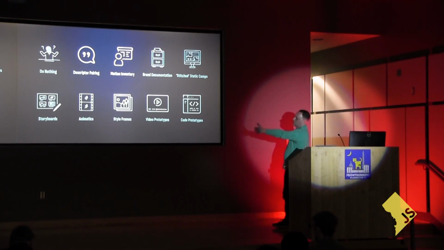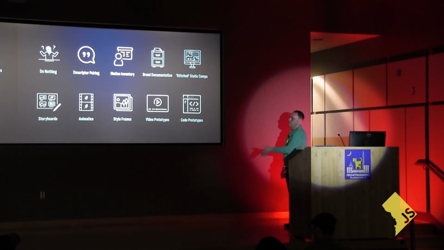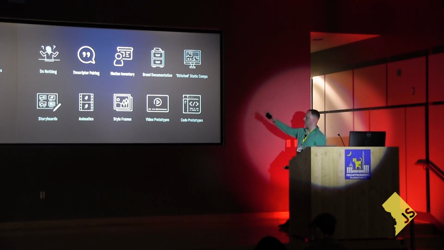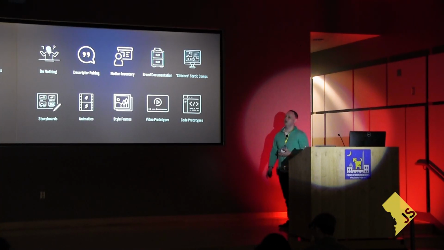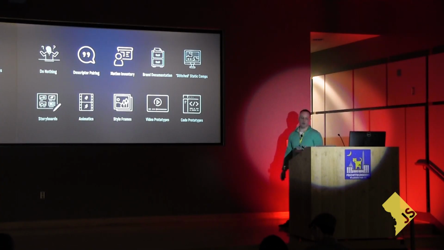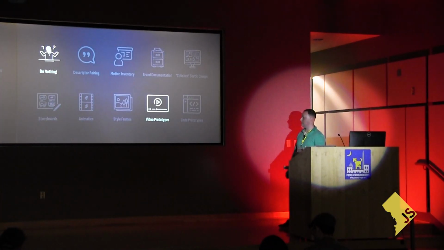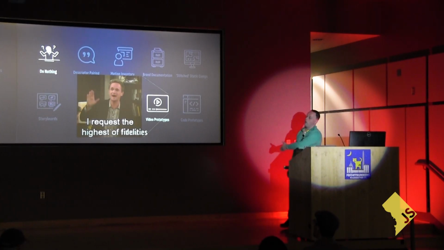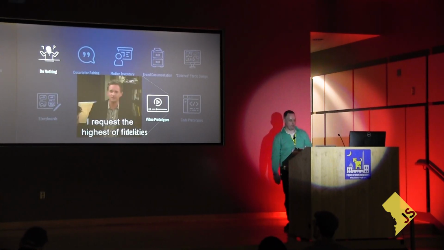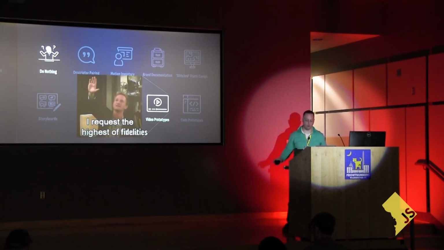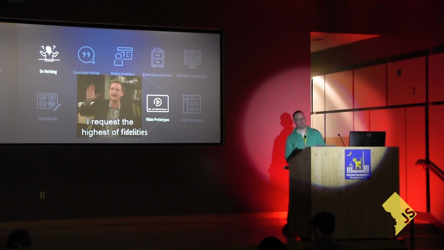So this is a list of options. I know the text is small, but there's a lot of things that we can do in designing motion: inventories, documentation, animatics. And what we'll typically see on a project plan is either nothing or jumping all the way to the highest of fidelities. Clients respond well to video prototypes, but it's not always an efficient use of our time.